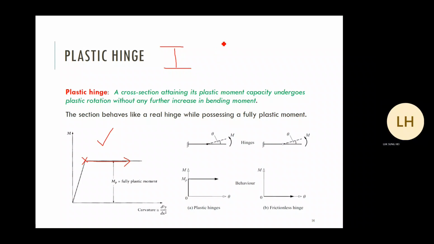For RC structures, you normally need to check the reinforcement ratio. We have some reinforcement ratio for RC beam sections. You need to make sure that the steel ratio is below some limit. We have a maximum steel ratio. Beyond that maximum ratio, the member becomes brittle, not ductile. So not all members can form this kind of plastic hinge.